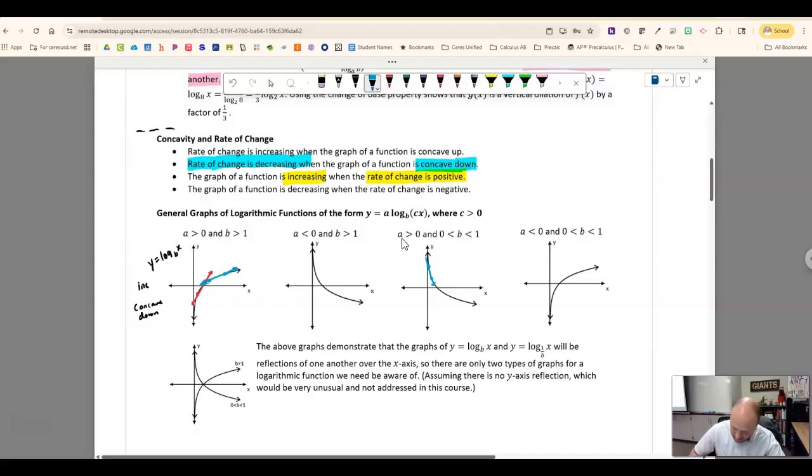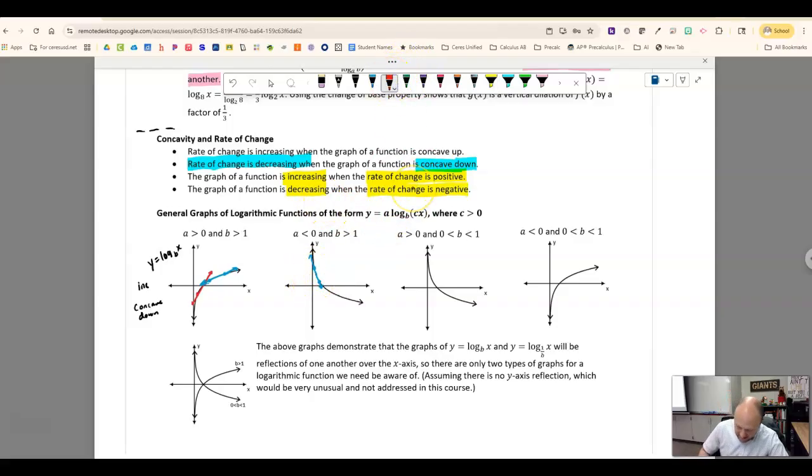So from here to here, this is a decreasing function. So when the average rate of change is negative, your function is decreasing. But let's go ahead and look at the average rate of change. This is a negative average rate of change, so it's decreasing.